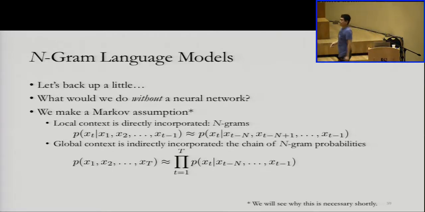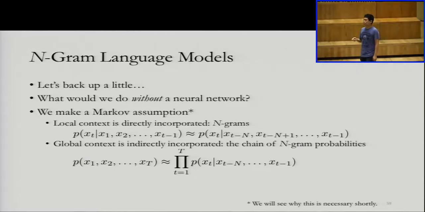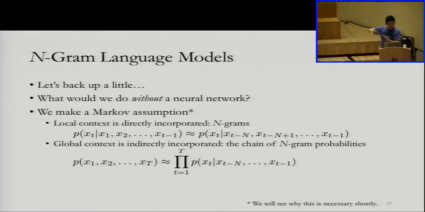So in order to do the correct autoregressive language modeling, what we had to do was estimate the probability of the next token, say at time step t, given all the previous tokens. Well, we're going to simply say that it's Markovian, so it's going to only depend on the n-1 previous tokens only. And we're going to ignore the dependencies further back.